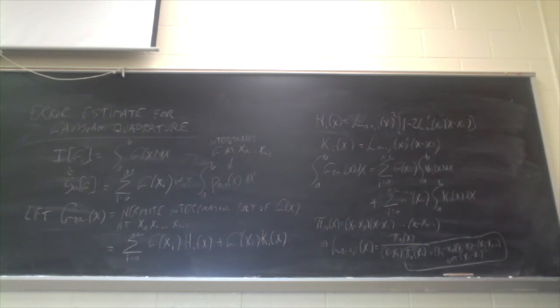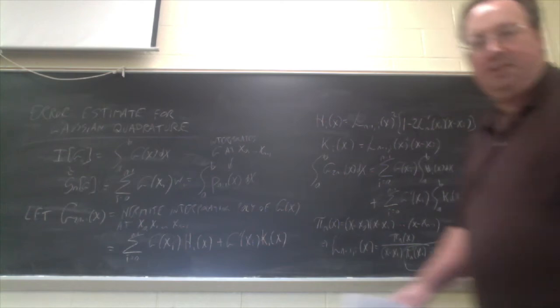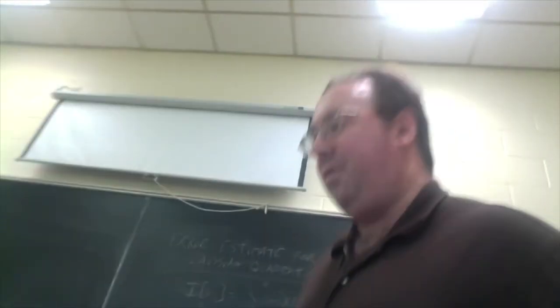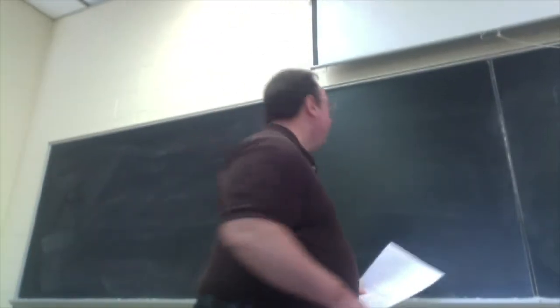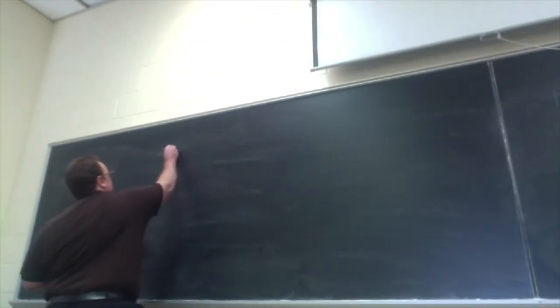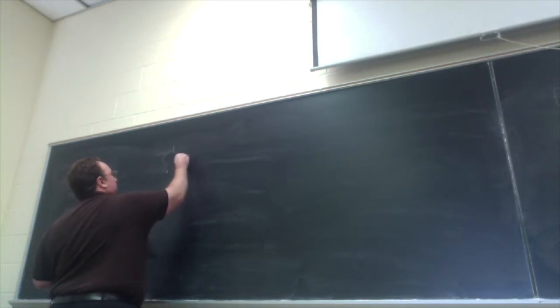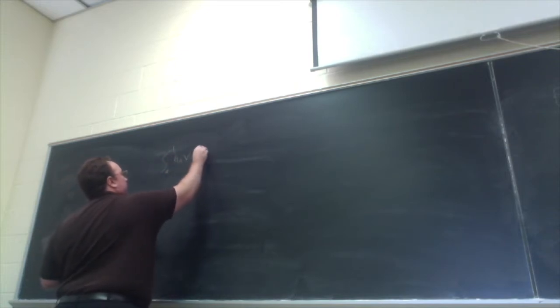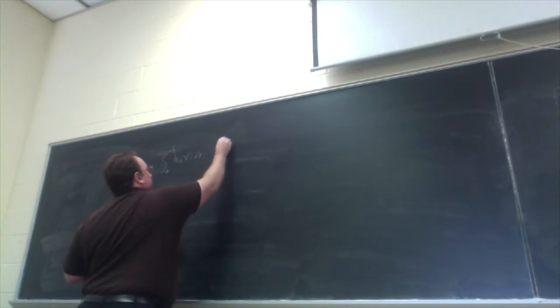Okay. So now that I have this, I can see what I can do with these expressions here. I need to simplify these. First, the integral of h_i. So I'll fill in what that is. The formula.